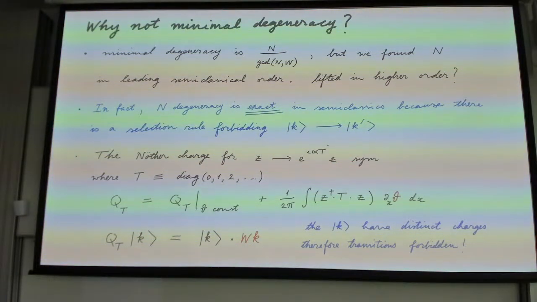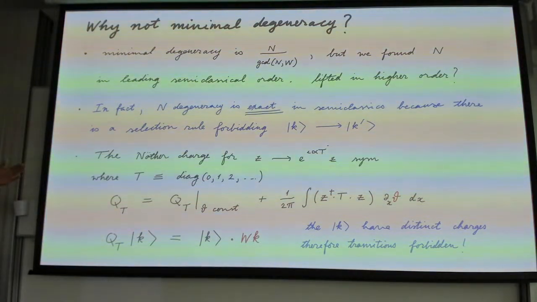Well, in fact, this n-fold degeneracy is exact in semiclassics, and that's because there's a selection rule forbidding any transition between these classical ground states. The proof of that is actually embarrassingly simple. You look at the Noether charge for this symmetry.